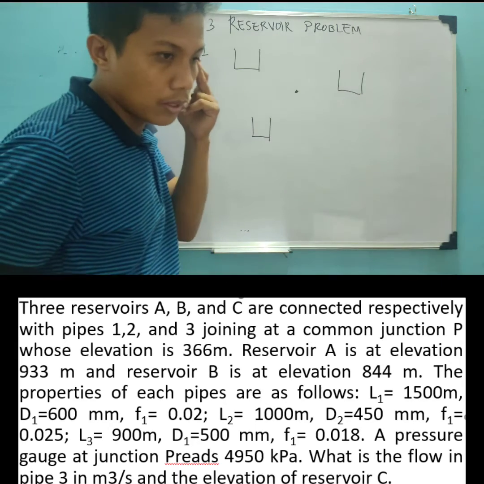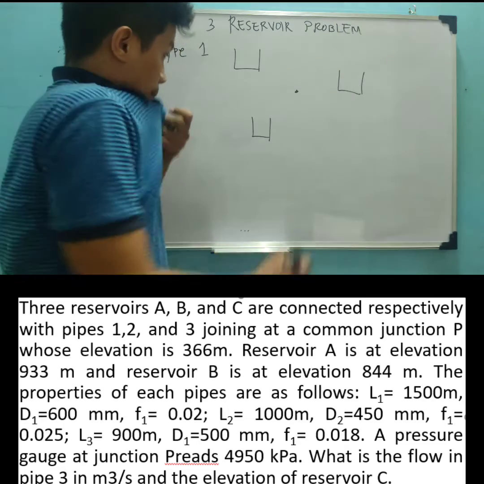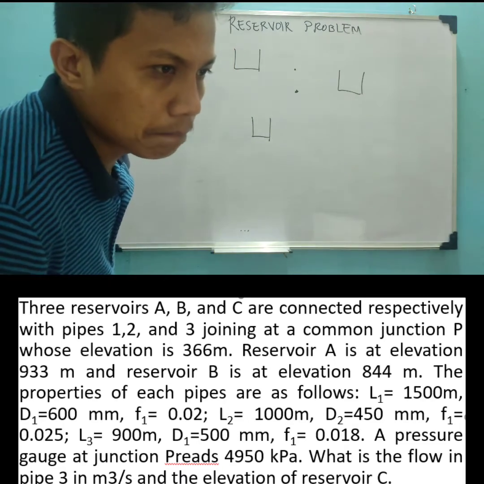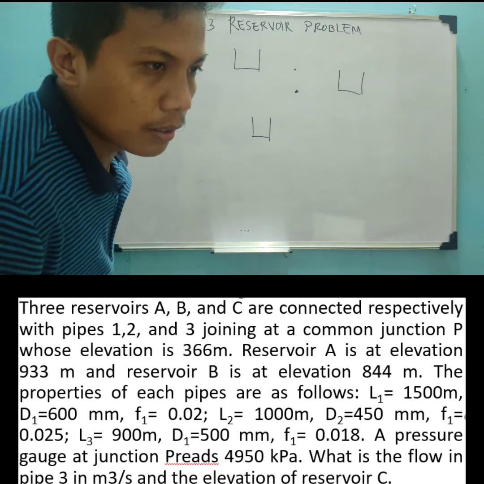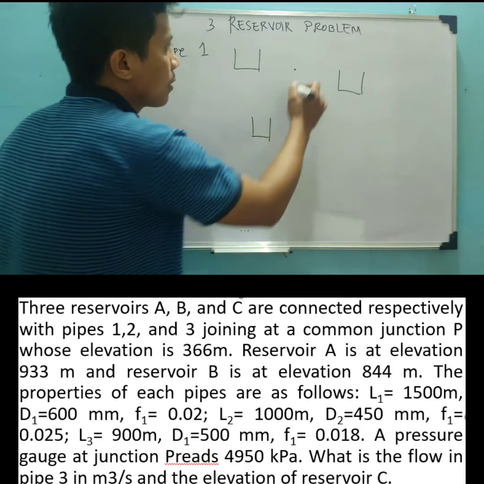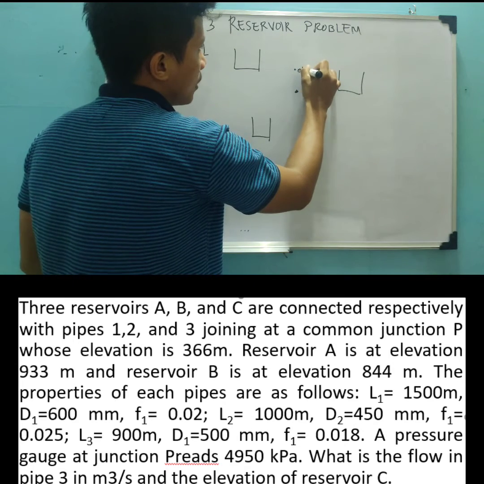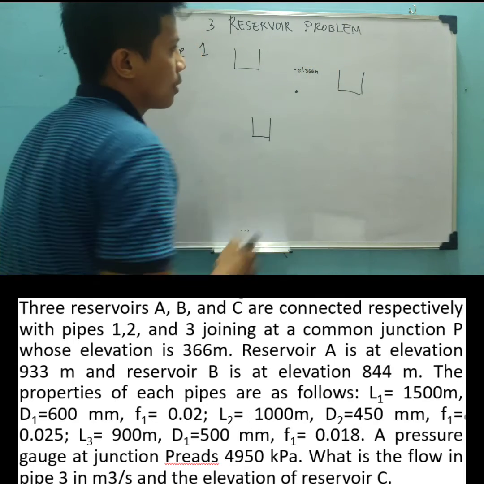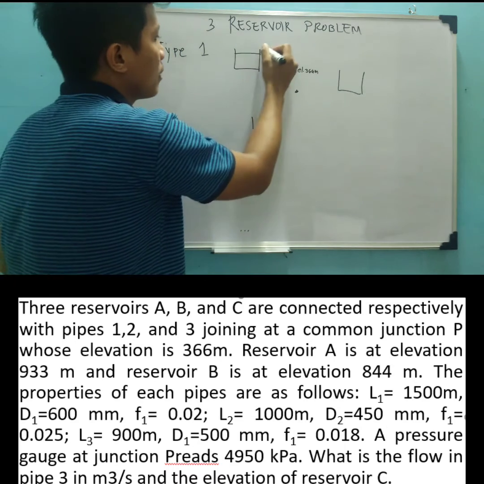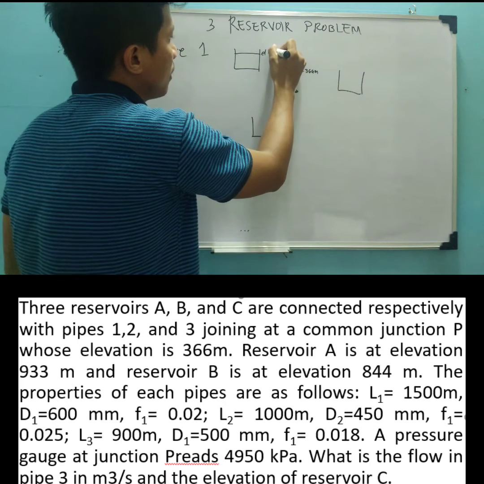So, let's put the givens. There is a junction P at an elevation of 366 meters. Then reservoir A is at 993, so its elevation is 993.